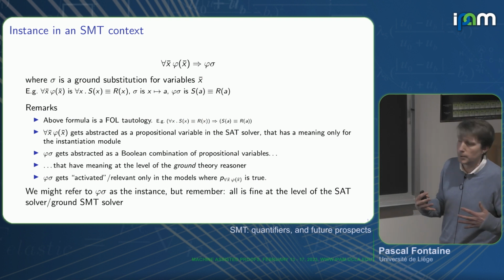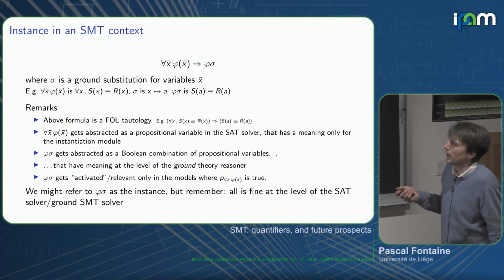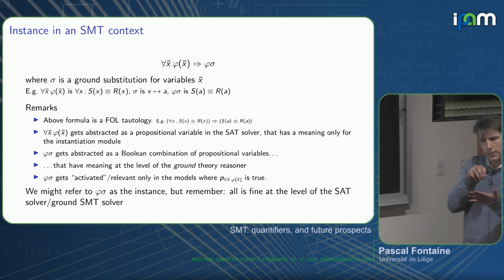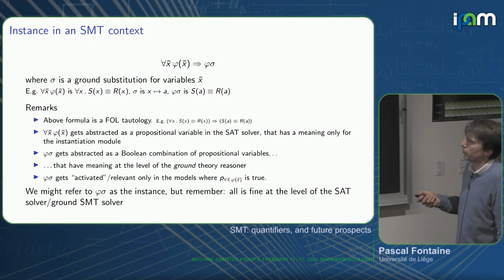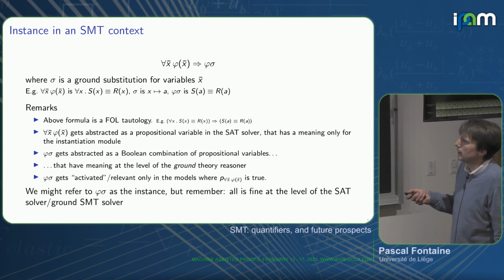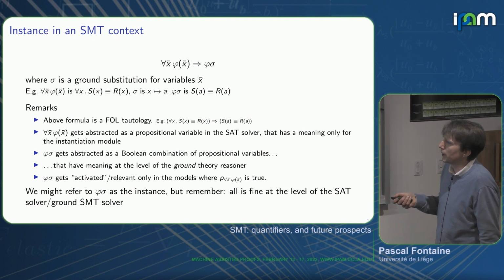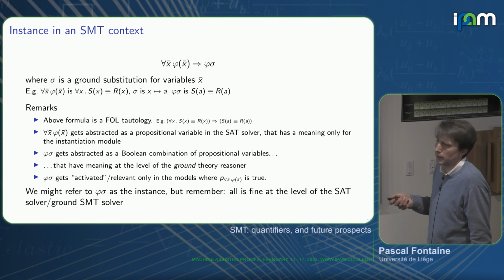I'm grounding my problems, which means that my sigma here is a ground substitution that associates to each variable some ground term. So, for instance, if my quantified formula is this one, and my sigma is this one, then my instance becomes this implies this.